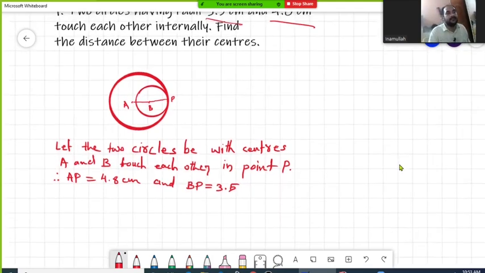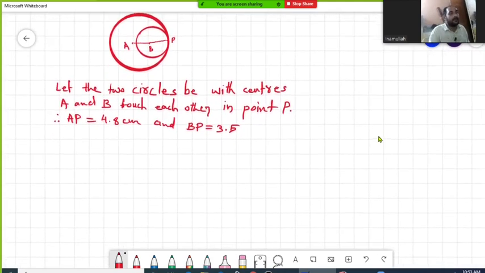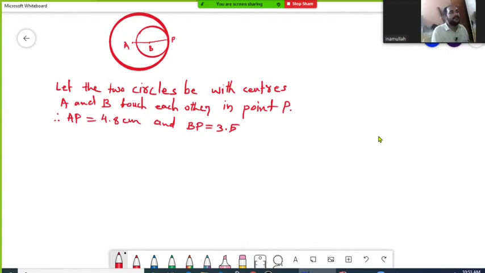As per the property of internally touching circles, we know the distance between their centers is AB.